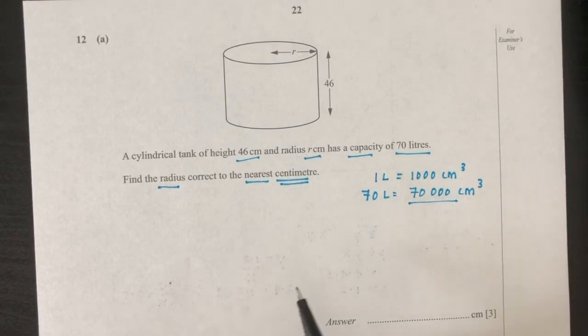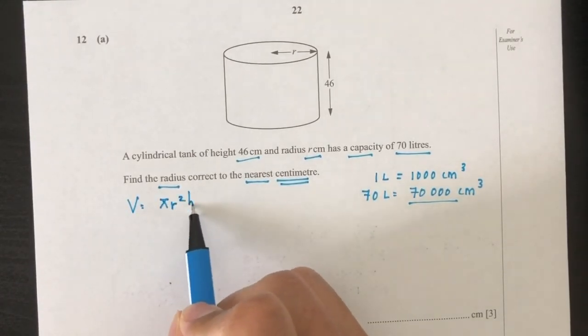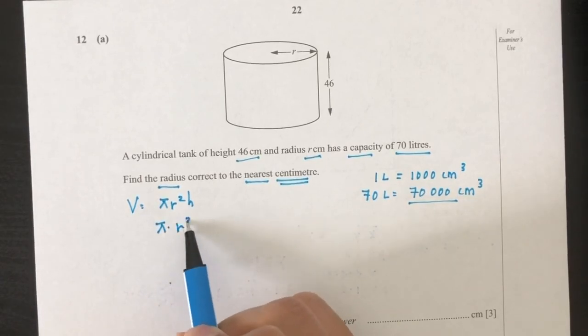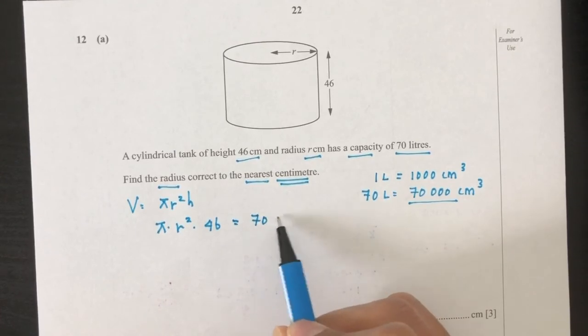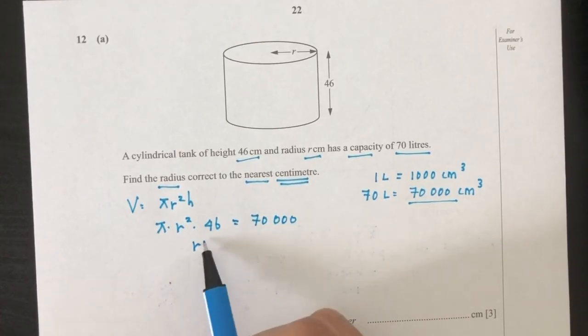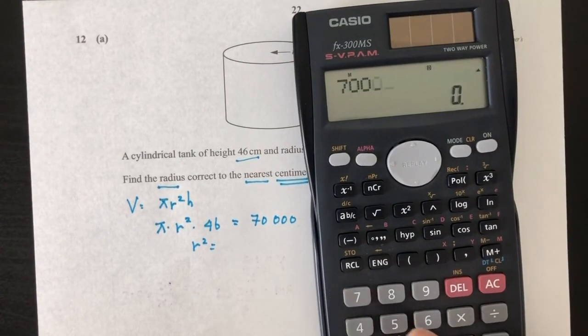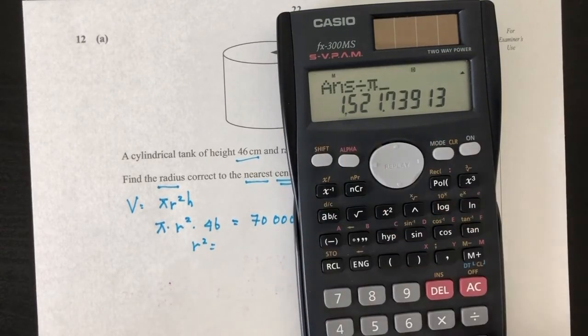Now how do you find the volume of a cylinder? Volume will be pi r squared h. So pi is pi, r squared we don't know, h is given as 46, equal to 70,000. R squared will be 70,000 divided by 46 divided by pi.